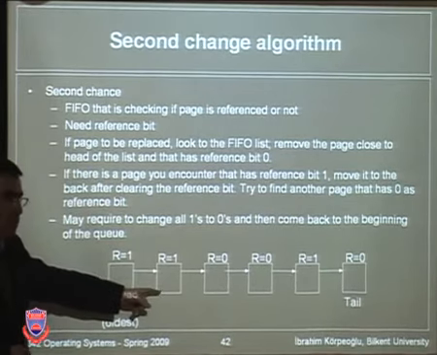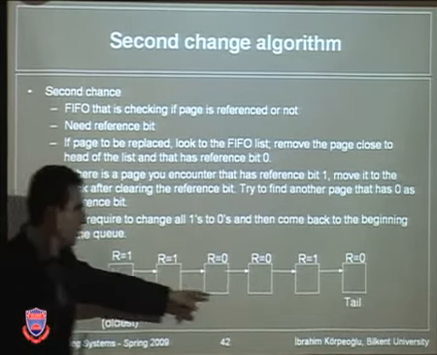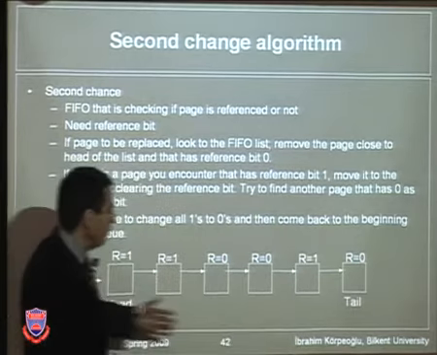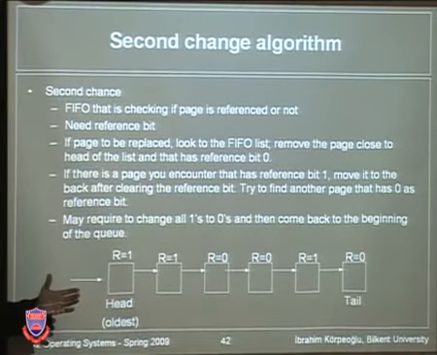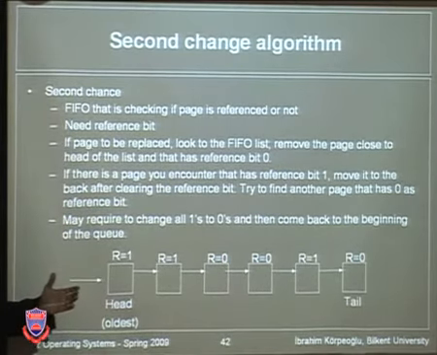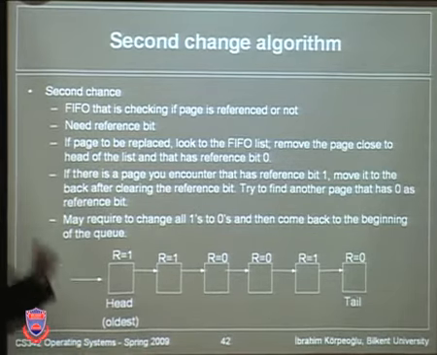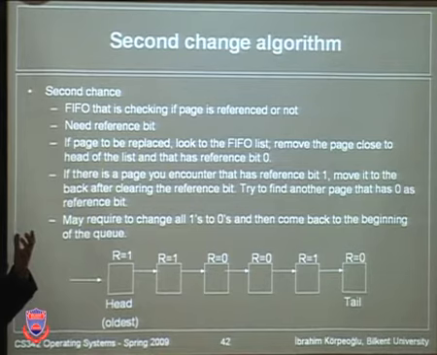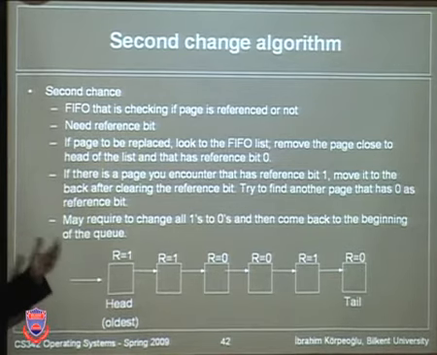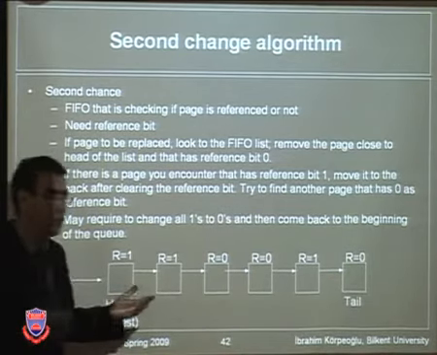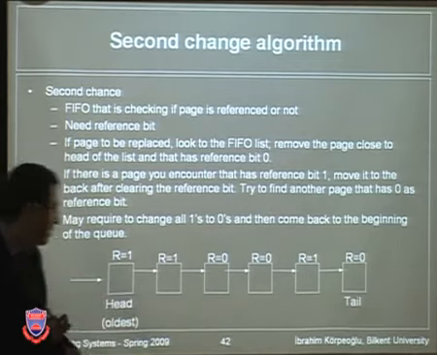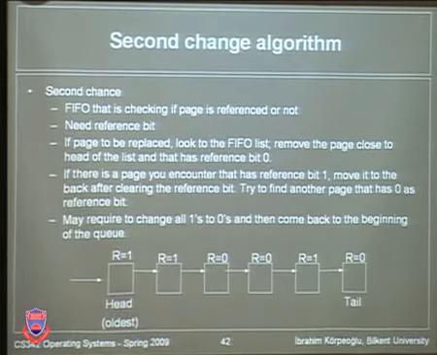And you do the same thing with the next page and so on. Finally, you will have a queue of pages whose R bits are all zeros, right? Now this time that page will be removed. Okay? That page will be removed. You are not giving another chance. Otherwise, you will not be able to find a page to remove, right?